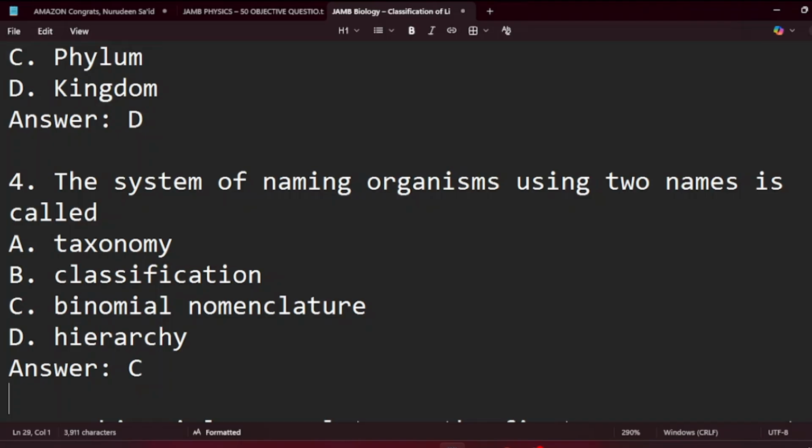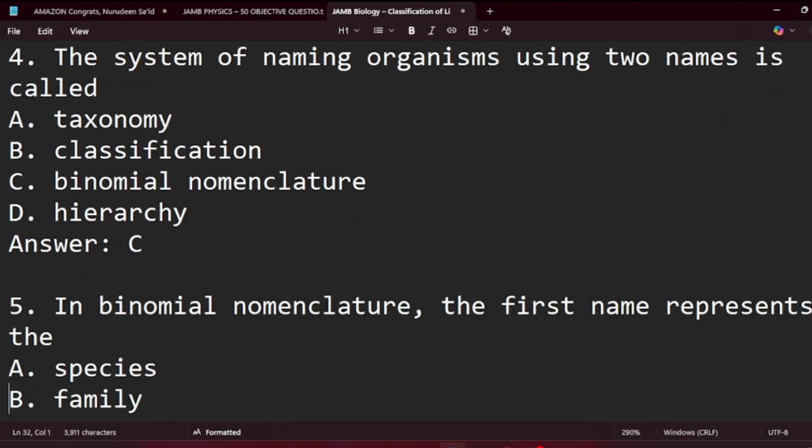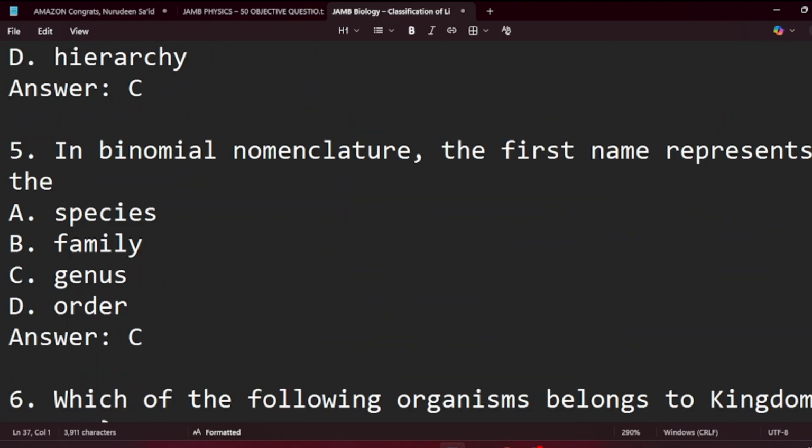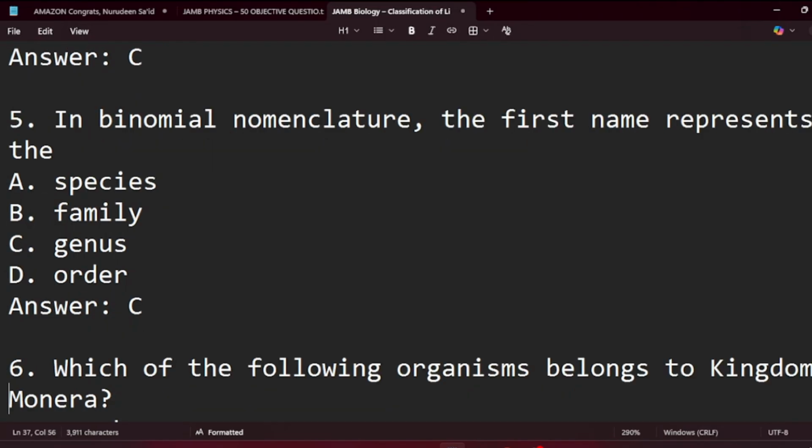The answer is C, which is binomial nomenclature. Question number 5. In binomial nomenclature, the first name represents the A, species, B, family, C, genus, D, order. The answer is C, which is genus.